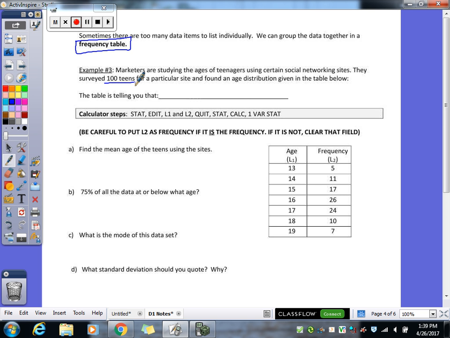So the way that we read this is if I'm looking at an age of 13, this 5 over here means that there were 5 13-year-olds. So the old way of doing this, when you put it in your calculator under your L1, is you would type 13 in there 5 times, and you would type 14 in there 11 times, and then 15 in there 17 times. But that just gets pretty tedious.